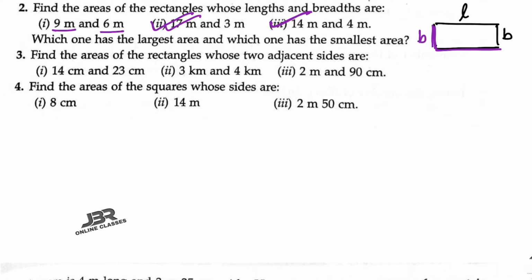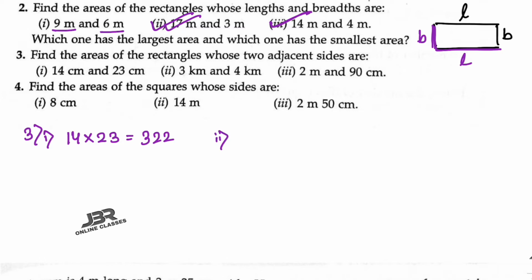That means breadth and length are the adjacent sides. So as here 14 and 23, 14 is the breadth and 23 is the length. So your answer will be 14 into 23, that equals 322 square centimeter.